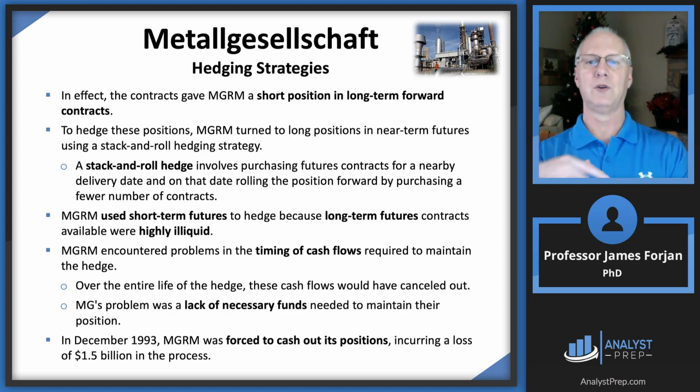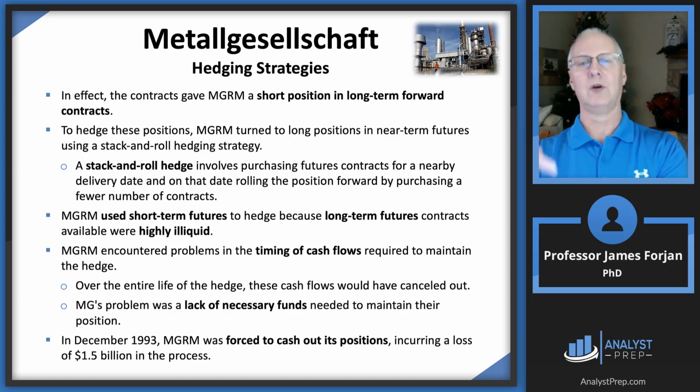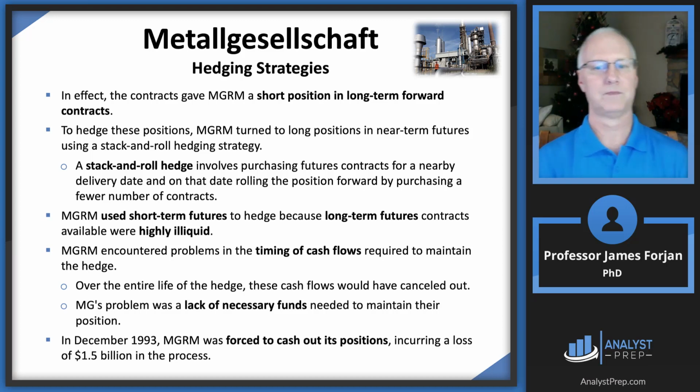It would take a position in, let's say, a 3-month contract, and then it would roll that over, but it would purchase fewer and fewer contracts. So what you should be thinking is, Jim, this sounds an awful lot like there's going to be some timing problems, right? We're making this long-term commitment, and we're doing it by stacking these futures contracts in a relatively short time period.